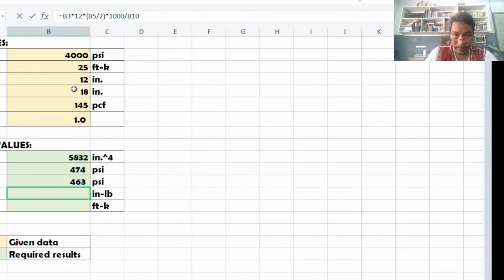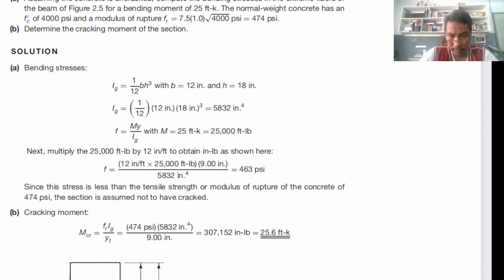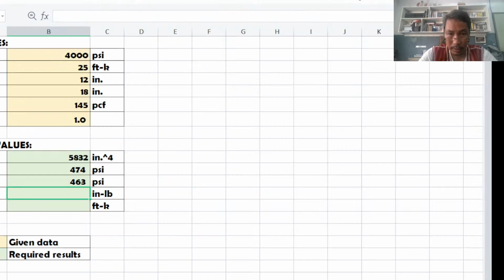Why is the neutral axis at the middle? Because this is the uncracked model. There is no crack, and we have to disregard the reinforcement, it is negligible, because the situation is stage 1. Stage 1 uncracked, negligible reinforcement. That's why 18 divided by 2 is 9.